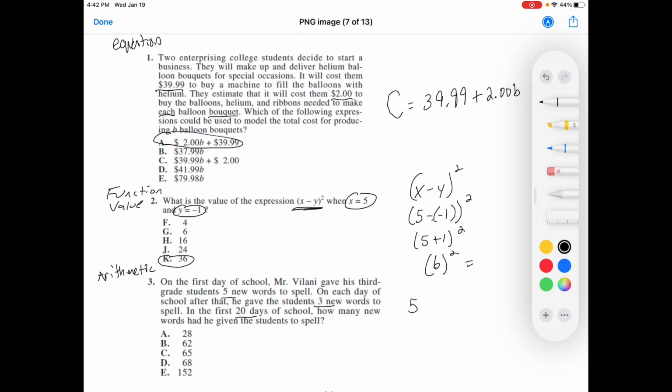Well, we know he gave them 5 on the first day. And then he gave them 3 words for the following 19 days after that. So we're going to do 3 times 19. That gives me 57 plus the 5. That gives me 62.